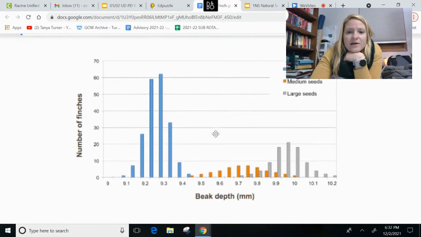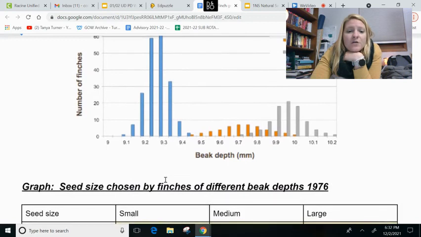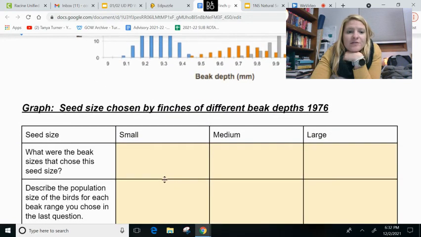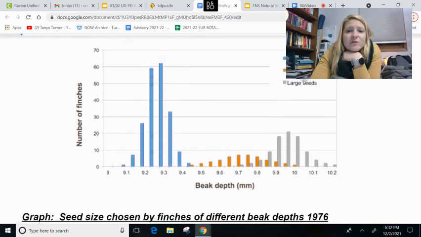So here in this graph, it obviously goes with beak depth on the bottom and the number of finches on the side. The question is what I wanted to talk about though. So it says, describe the population size of the birds for each beak range you chose in the last question. Well, you're going to pick all of them, but describe the population. So just looking at the populations of ones that ate the small seeds, okay, yes, correct. Sorry, I'm just looking at the graph again.